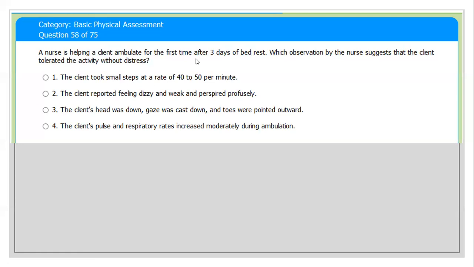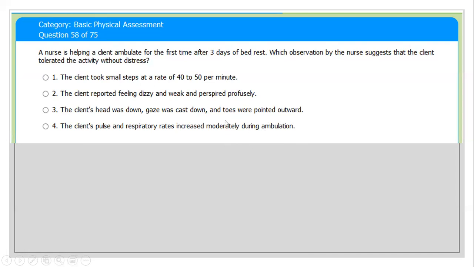Number two, the client reported feeling dizzy and weak and perspired profusely. Number three, the client's head was down, gaze was cast down, toes were pointed outward. Number four, the client's pulse or respiratory rate increased moderately during the ambulation.